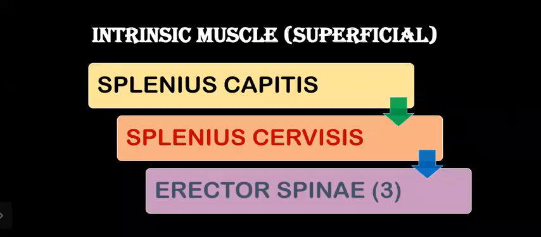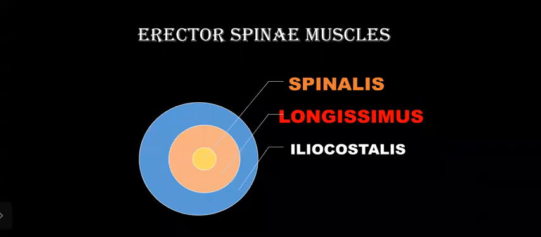Coming to the intrinsic superficial muscles, we have the splenius capitis, splenius cervicis, and the erectors. We have three erectors: spinalis, longissimus, and iliocostalis.